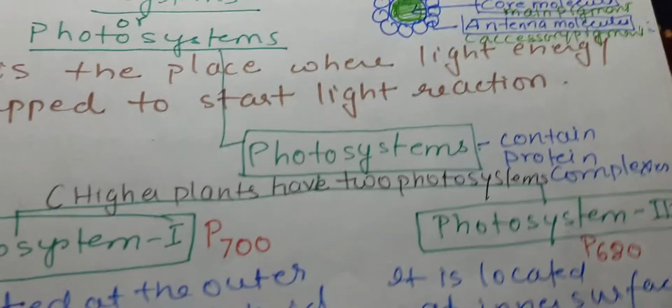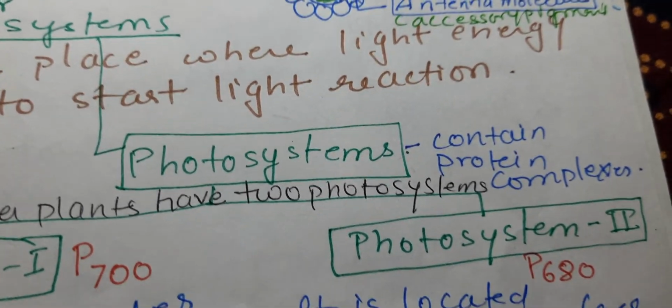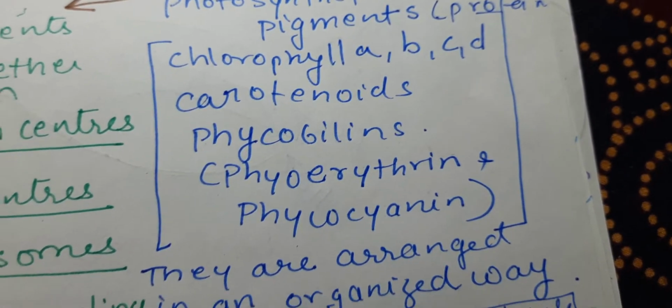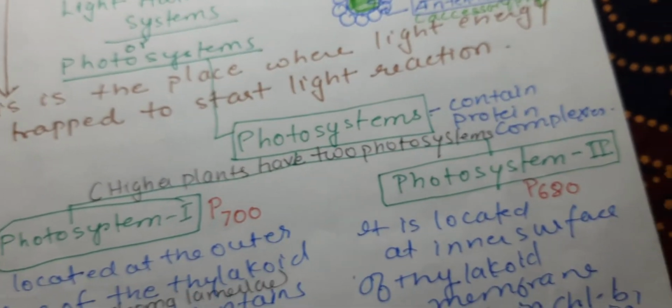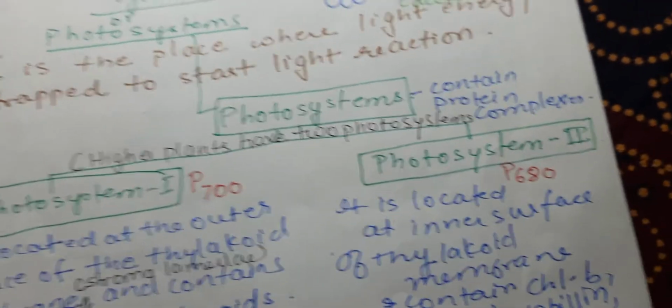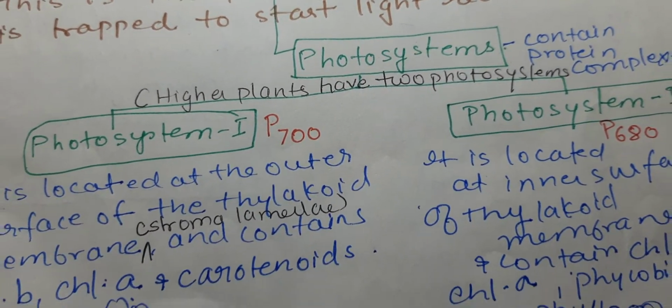Now we will talk about the photosystems. Photosystems are all these pigments that you see, and they are basically all proteins. Okay, so a photosystem consists of a complex organization of protein.